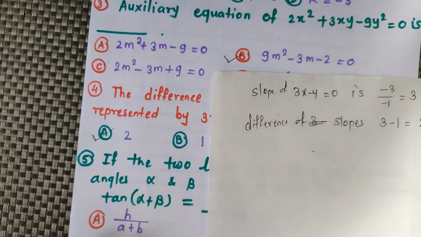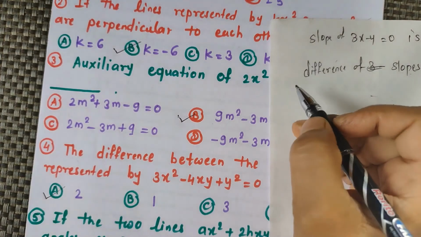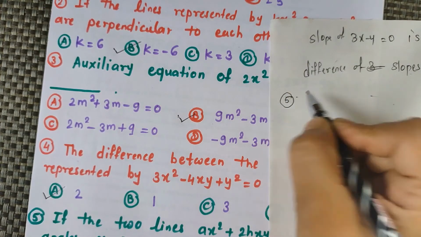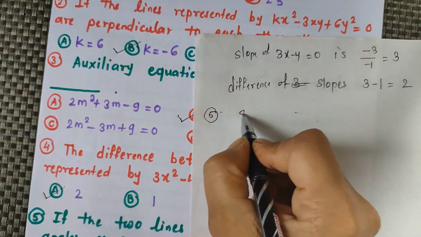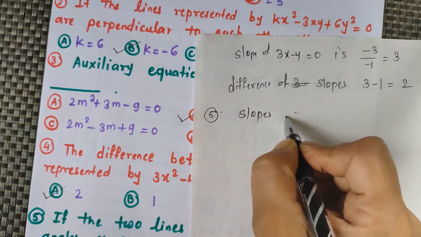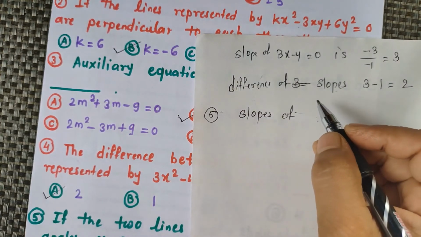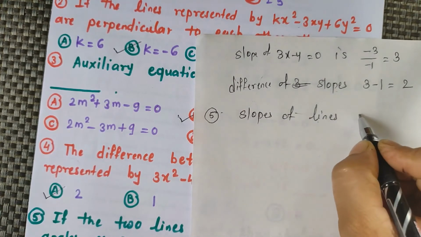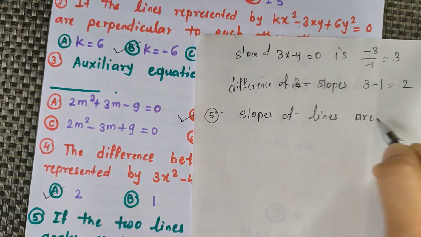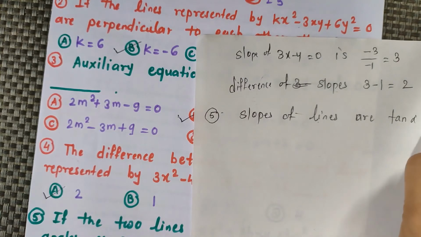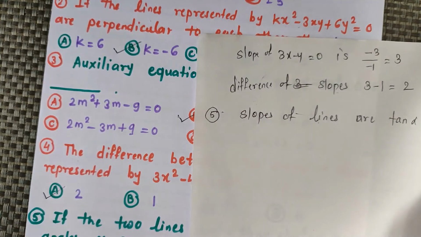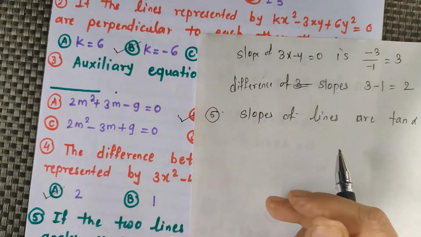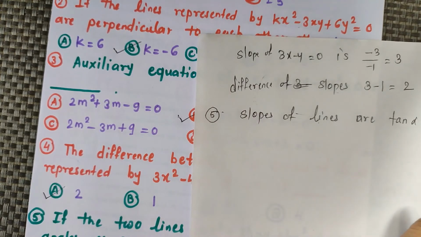So first, here we consider the slopes of lines whose inclinations are alpha and beta. The slopes of the lines are tan alpha and tan beta, and also the slopes of lines are represented by m1 and m2.